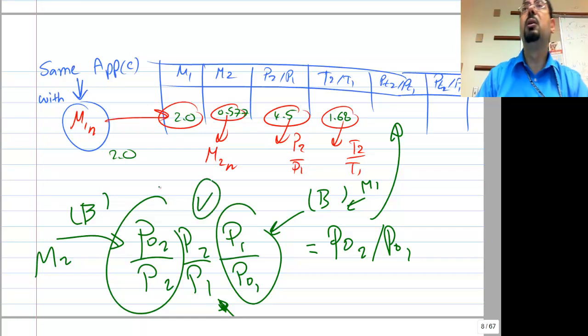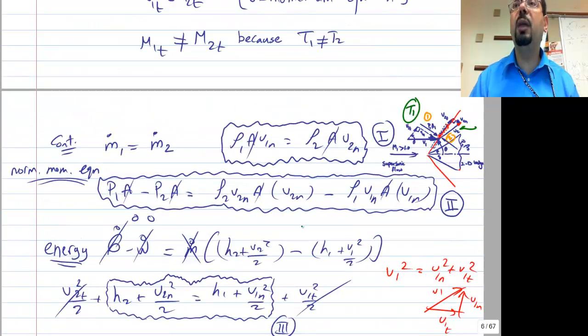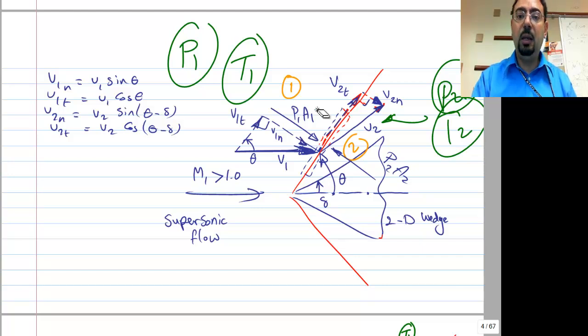So this will hold if you are using M1 normal and M2 normal. This equation will hold. That's the right P2 over P1. It's okay to use. But those two numbers, if you play with M1 normal and M2 normal, they will not be right. Of course, those will get screwed up. Because P1 and P naught 1, even in an oblique shock wave condition, before the shock, how are they related to each other?